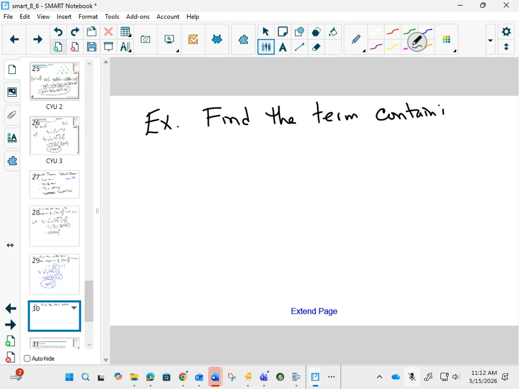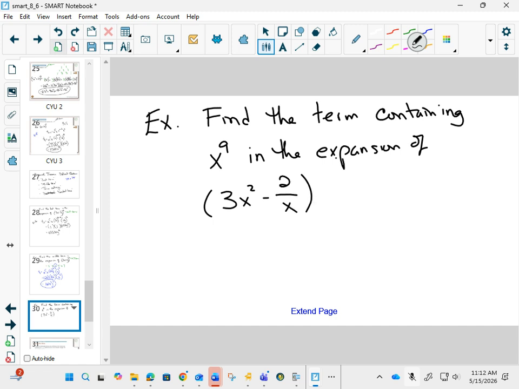Find the term containing an x to the 9 in the expansion of, and we're going to use 3x squared minus 2 divided by x to the 9.